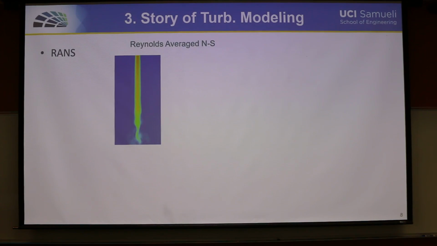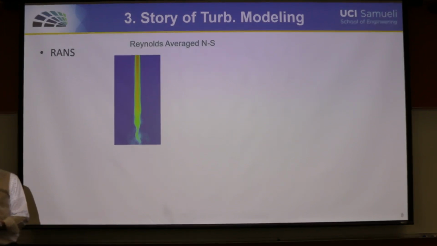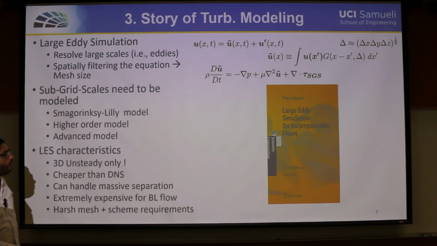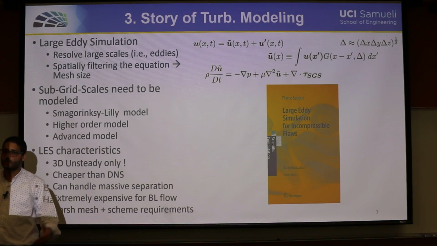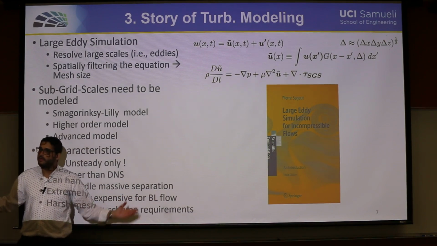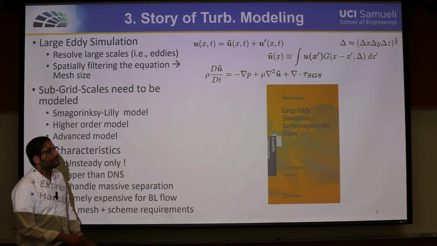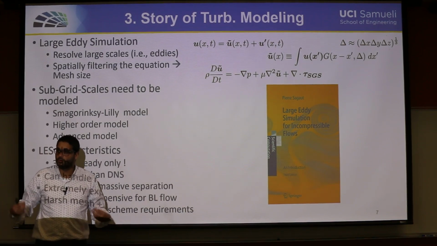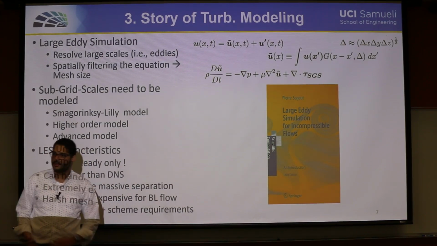Okay, so now let's say what we are trying, or yes. No, it could be performed for anything, compressible, anything. But this book is just for incompressible as a simple introduction to LES. That's what I'm trying to recommend. Okay.